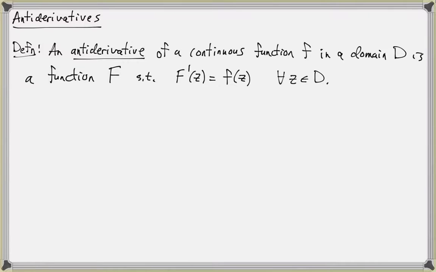So an antiderivative of a continuous function is a function capital F whose derivative is equal to f.